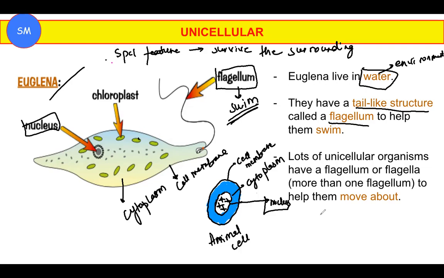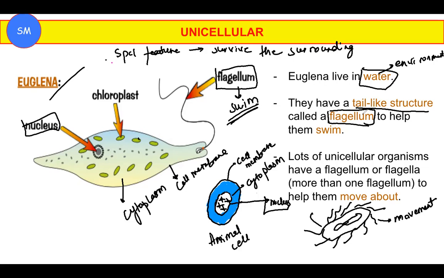Apart from euglena, there are other unicellular organisms as well, like paramecium, and they have flagella, meaning a lot of flagellum in their body like this, and it helps in movement. They don't live in water but on land or something, so it helps in movement. I hope you get my point. So flagellum is one structure that can be asked in your exam. You should note it down.